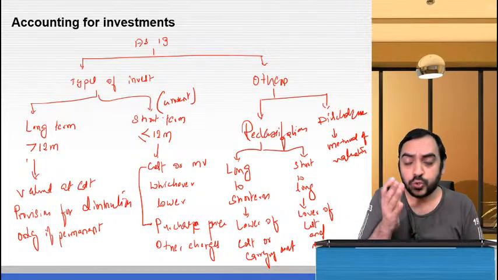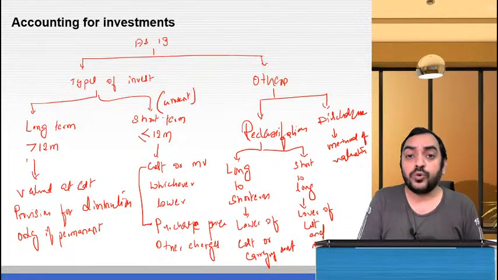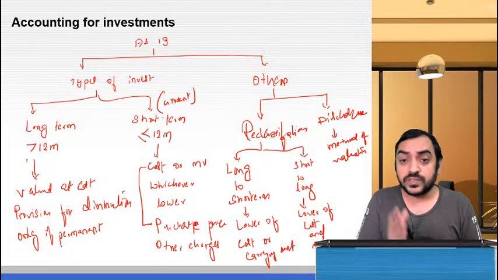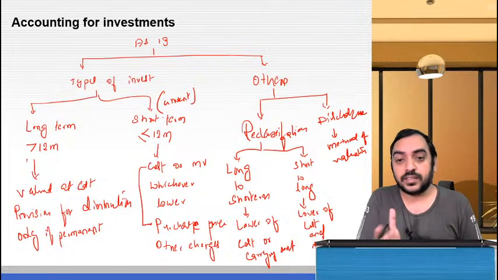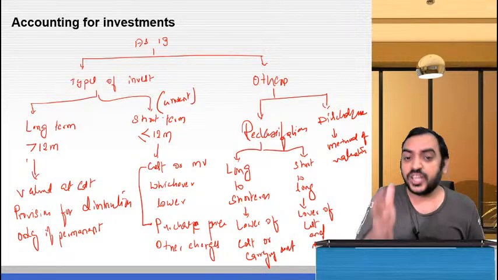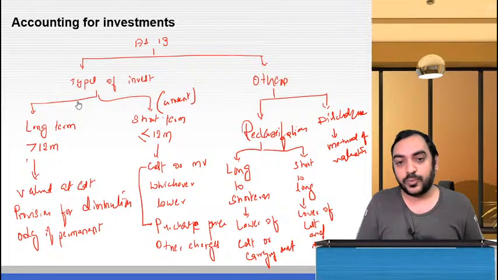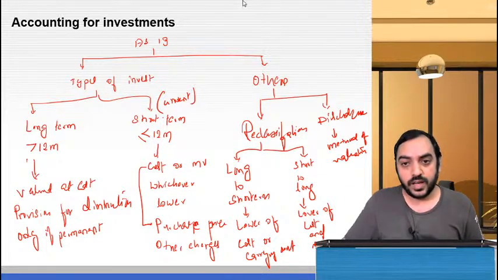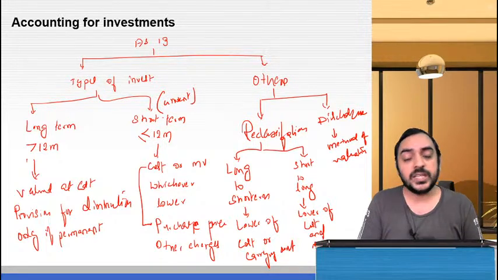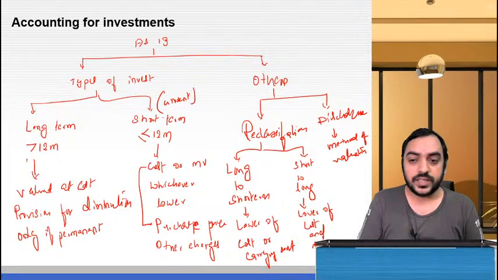We have to understand, to be specific, how to value equity share investments and how to value debenture investments, especially where the concept of ex-interest and cum-interest is involved. And those things we will understand directly by going to a problem. I hope you are clear till here. Shall we go to the problems on accounting for investments involving fixed income securities and equity shares?